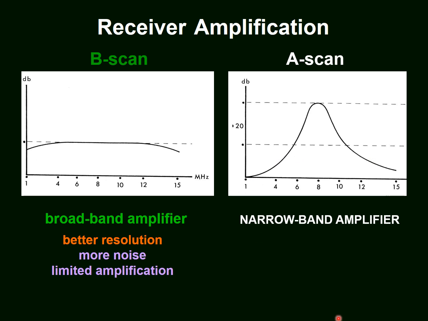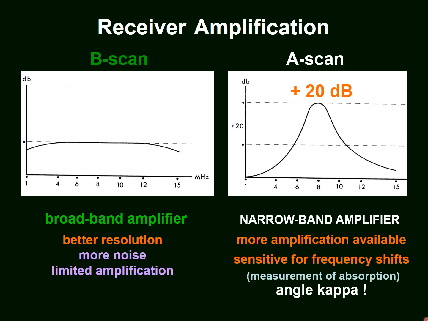That gives us the advantage in A-scan that we can use a much higher amplification without disturbing noise. Plus 20 dB advantage over the B-scan, and that allows us to examine the posterior orbit right back into the orbital apex.